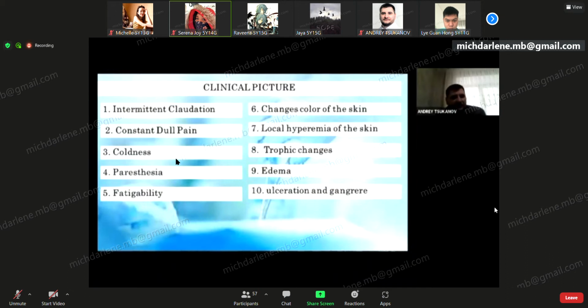It's intermittent claudication, constant dull pain, coldness, paresthesia, fatigue, changes of color of the skin, local hyperemia of the skin, trophic changes, edema, ulceration, and gangrene.